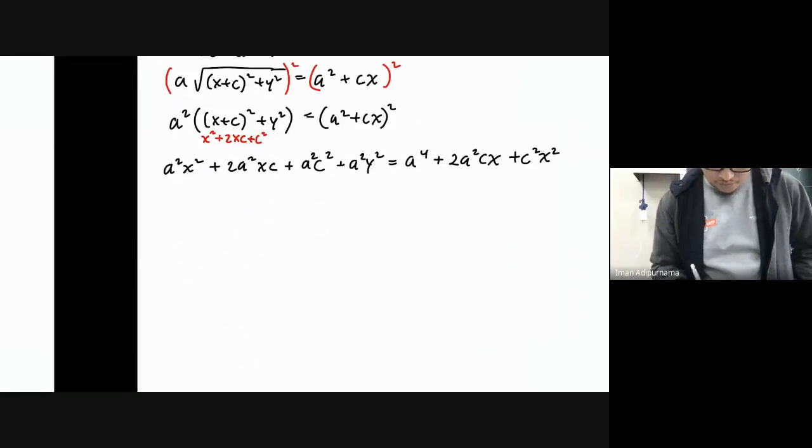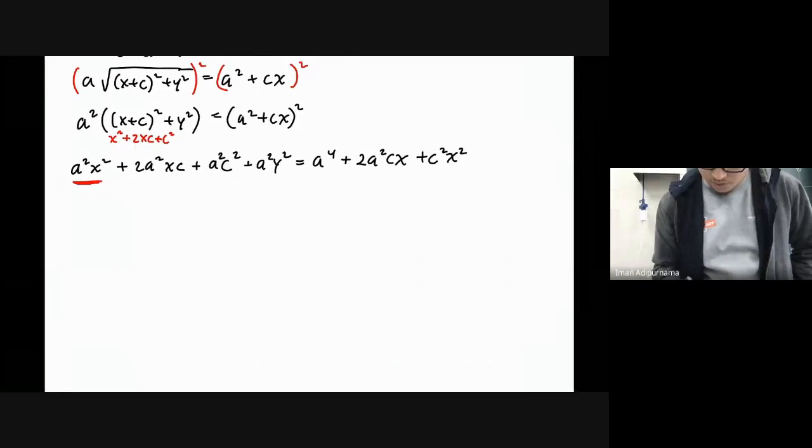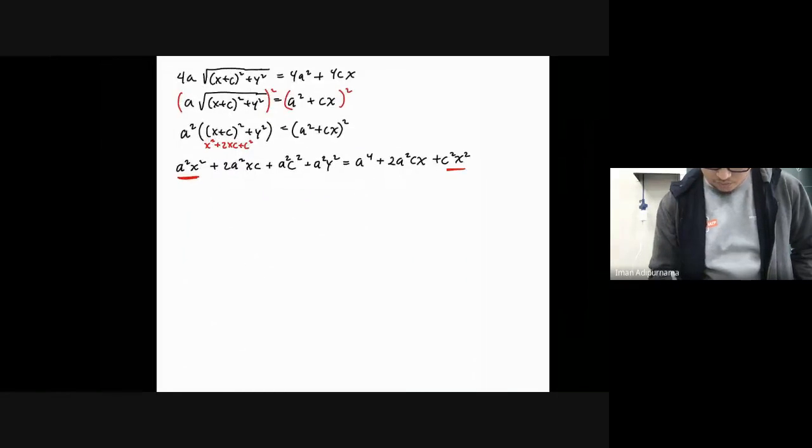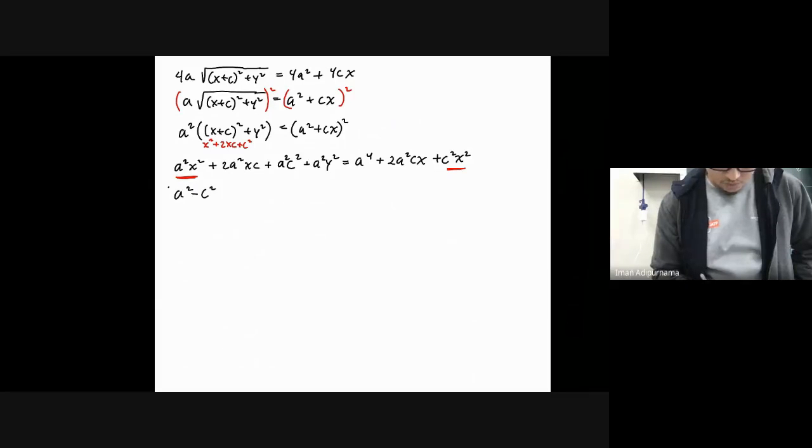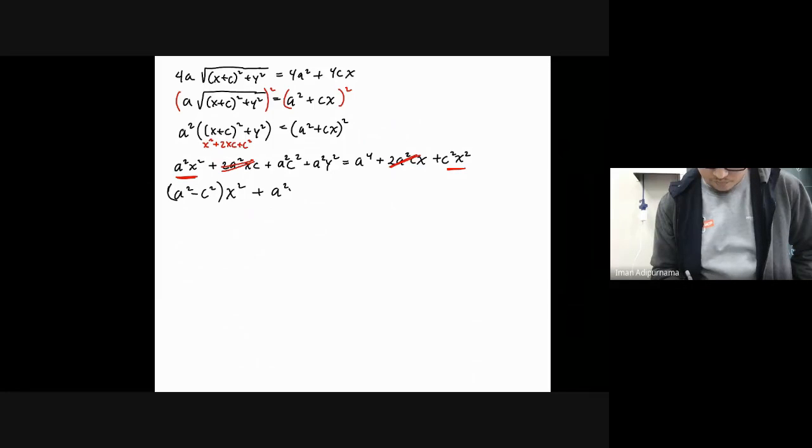Now we group all the same variables, this and this, right? So we have a squared minus c squared. And we cancel this. And we group the constant. The constant will be a to the fourth and a squared c squared. So a squared minus c squared.